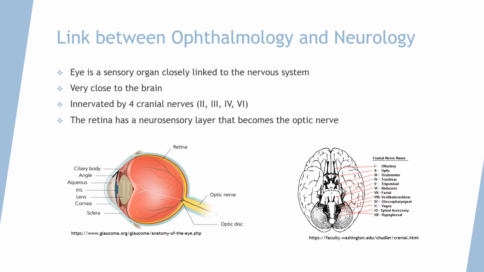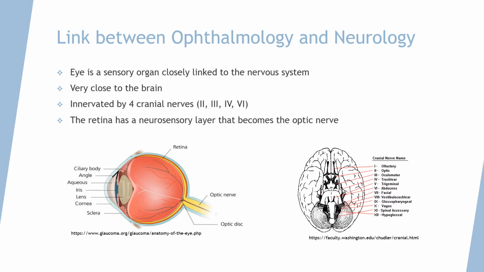The eye is a sensory organ responsible for detecting light, and is also physically closely located to the brain itself. The eye is innervated by 4 out of the 12 cranial nerves, the 2nd cranial nerve for detecting light, and 3, 4, and 6 for extraocular movement.